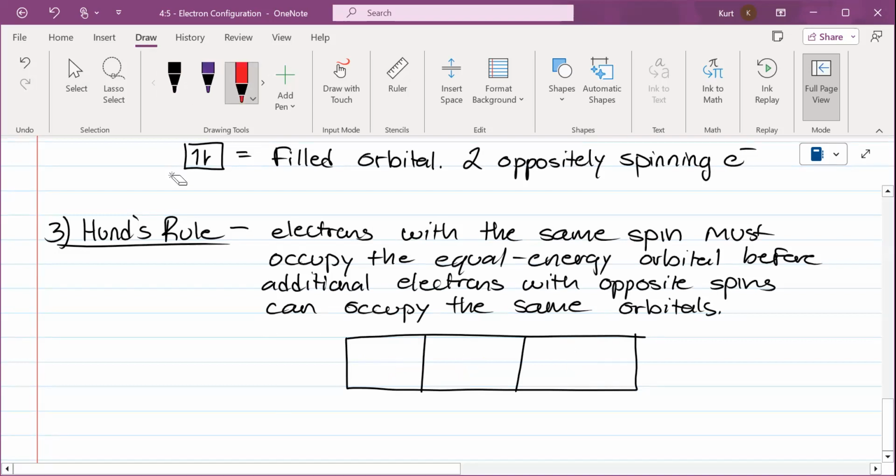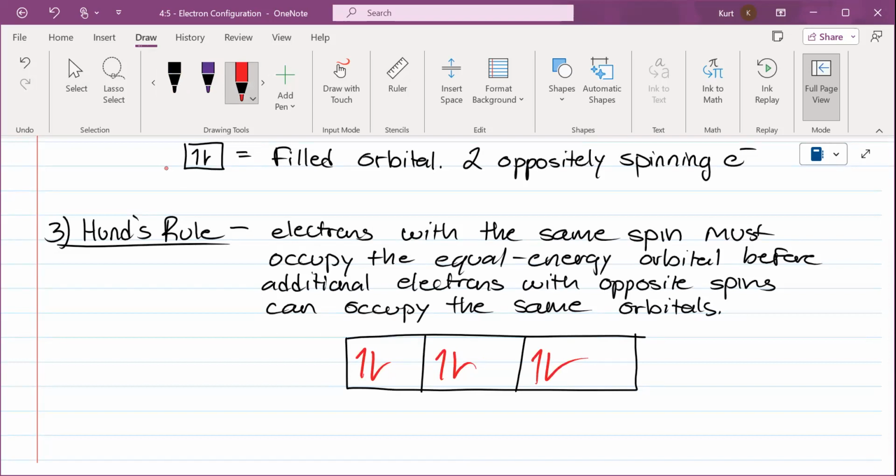So when you get an example, imagine what it would look like. Chlorine would look like that. I know you have no idea how to do this yet, but here's how phosphorus would look. Up, up, up. And then sulfur would be 4, chlorine would be 5, and argon would be 6.